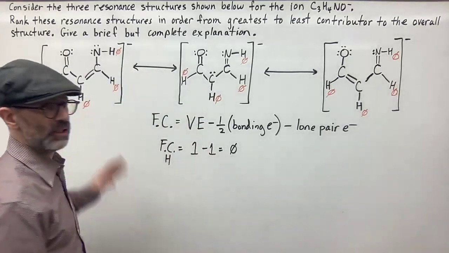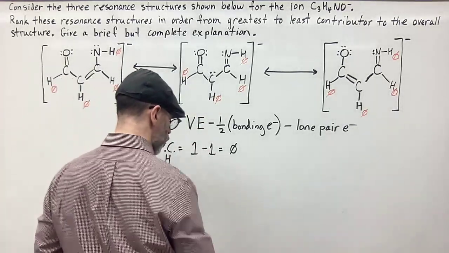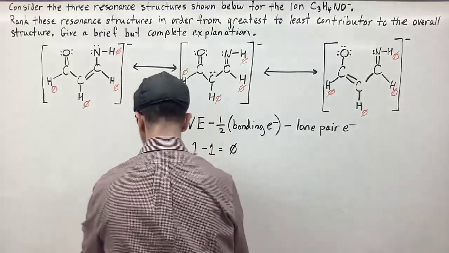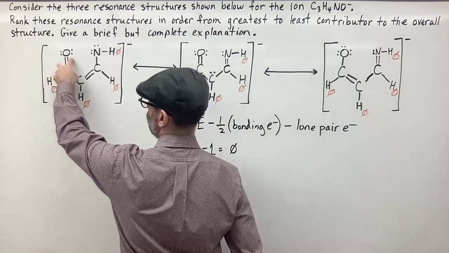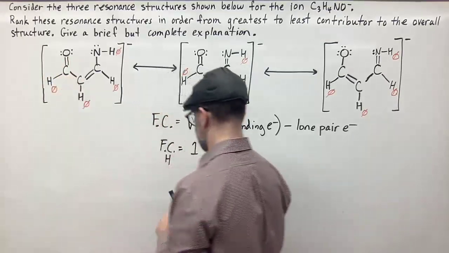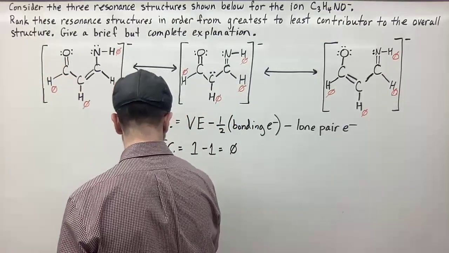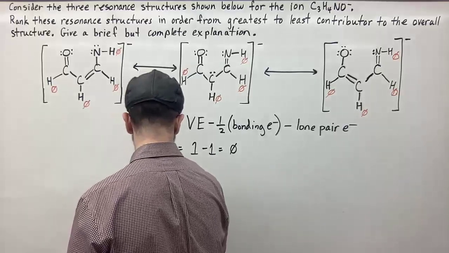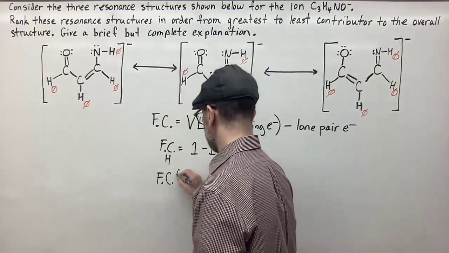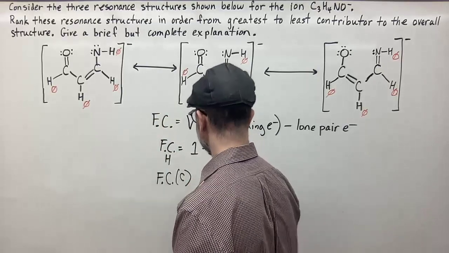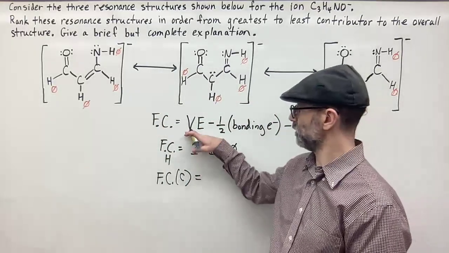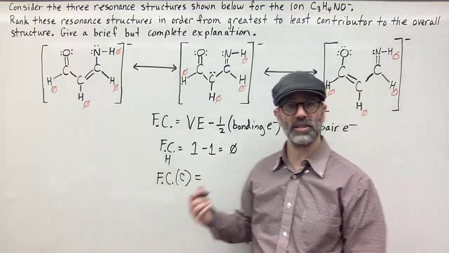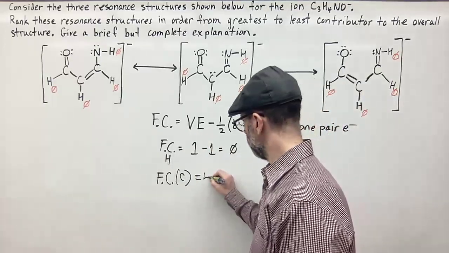carbon? Now, we have to do these one at a time. For carbon, you'll notice it has 1, 2, 3, 4 bonds. If I want to find the formal charge of carbon, we're going to take the valence electrons, which for carbon is 4 since it's in group 4.